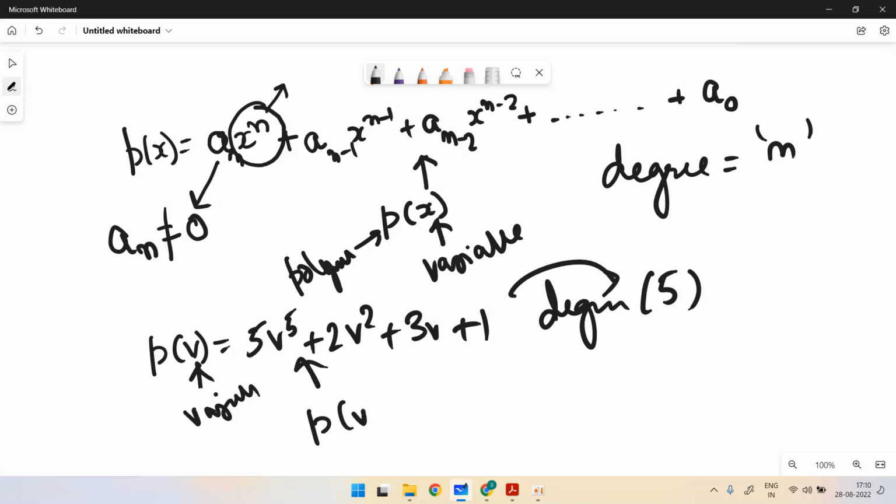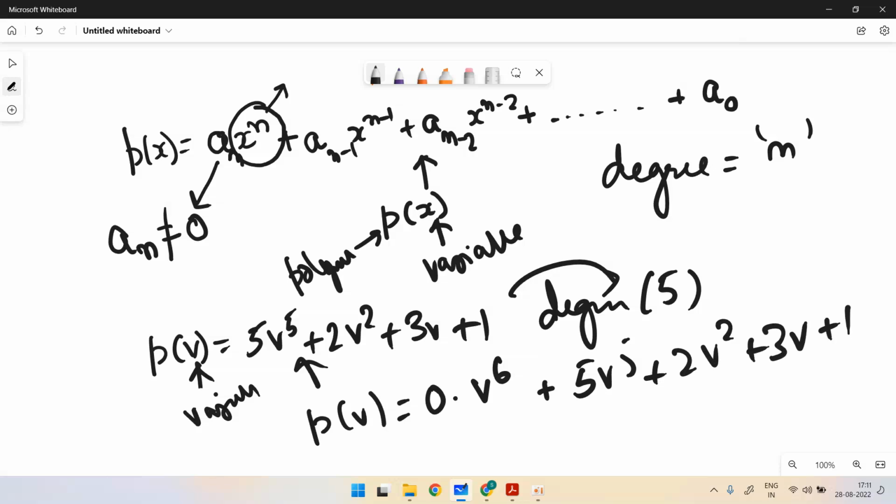If I write this p of v as a_6 v^6 + 5v^5 + 2v^2 + 3v + 1, see, here the degree is 6. No, here the degree is not 6.